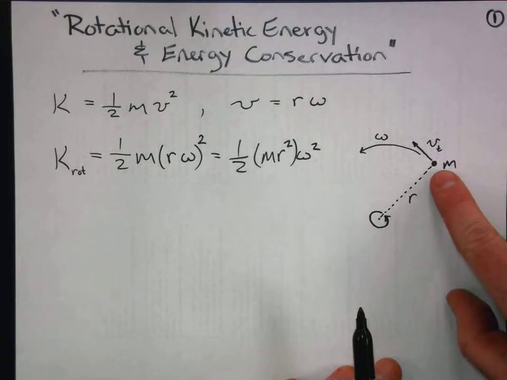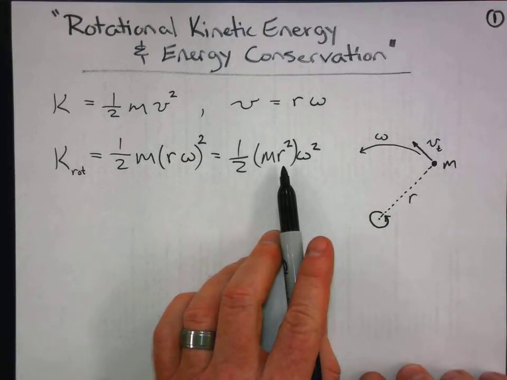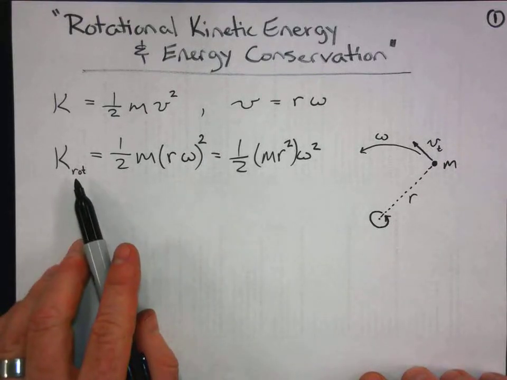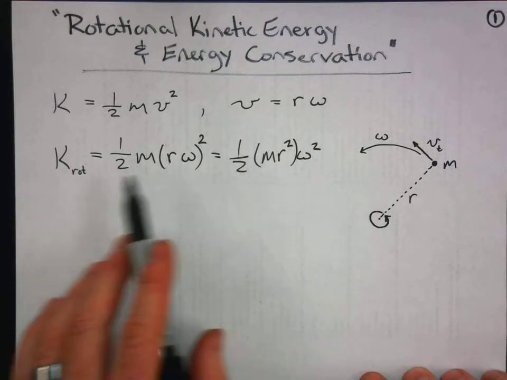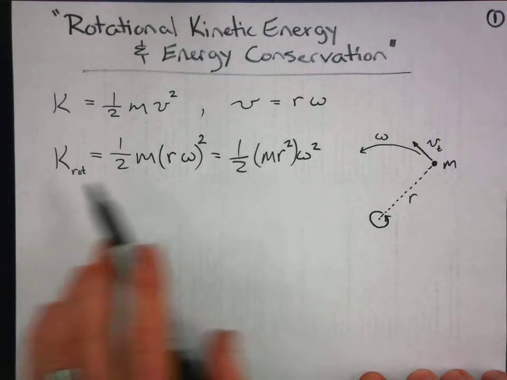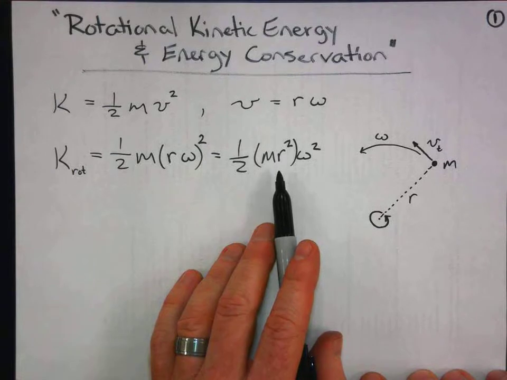If that location changes, in other words, if r changes, well, then we would have a different amount of rotational kinetic energy. So what we say is that the rotational kinetic energy depends on the angular speed, but also on the distribution of the mass.